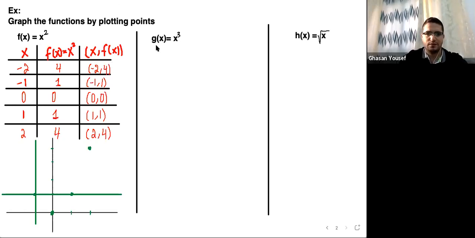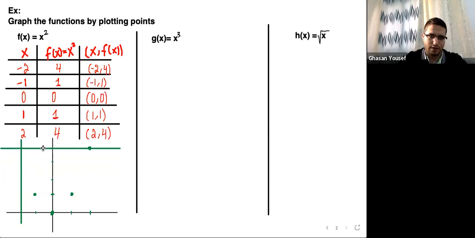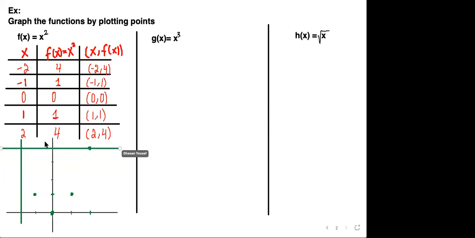The -2 is here, and 4 is also up, so the point will be here.